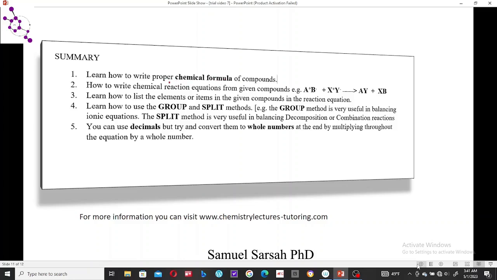The first one is learning how to write a proper chemical formula of compounds. I will show a video of this later on, but this is very, very important. The next one is learning how to write reaction equations from chemical compounds that you're given.